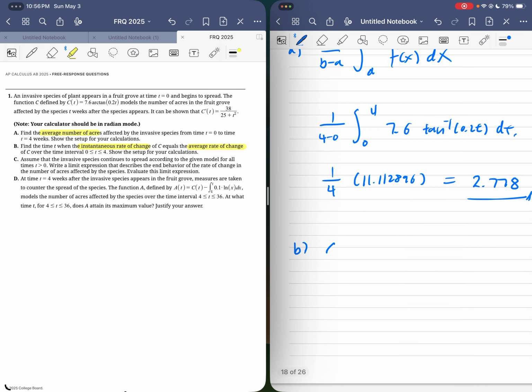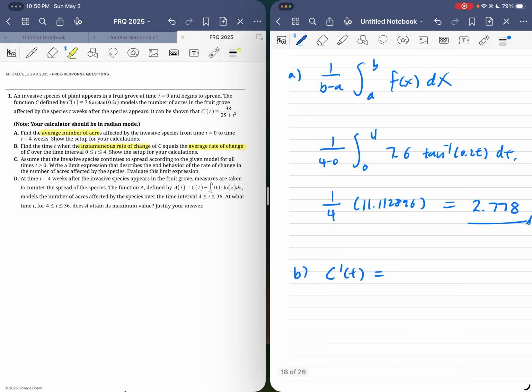It's the same thing as c prime of t is equal to the average rate of change, y2 minus y1. So not f, c of 4 minus c of 0 over 4 minus 0. That's what you're trying to find.